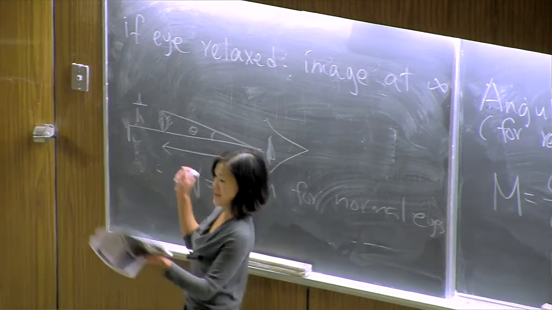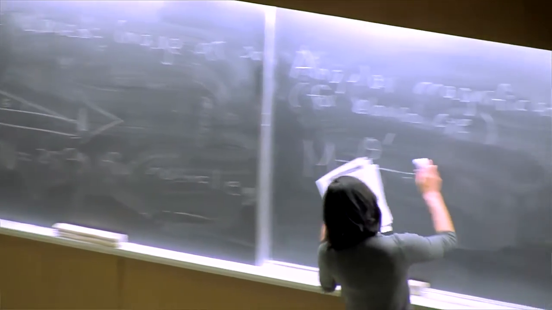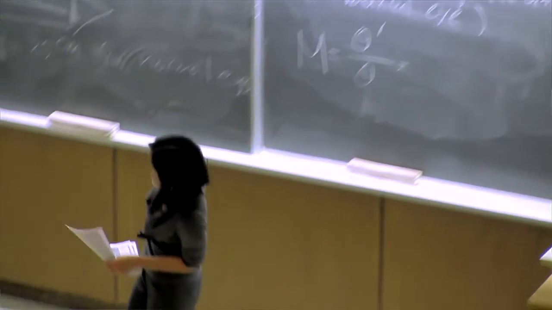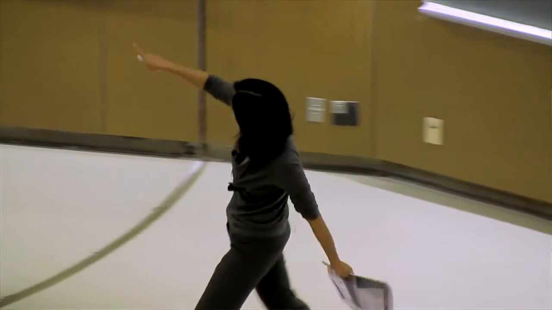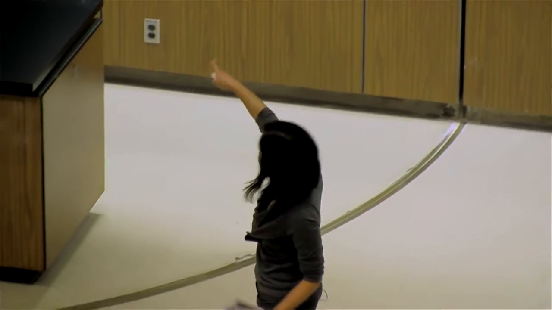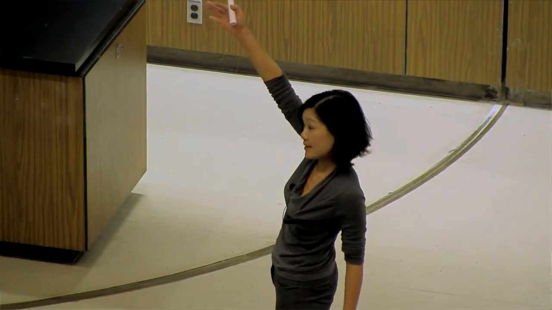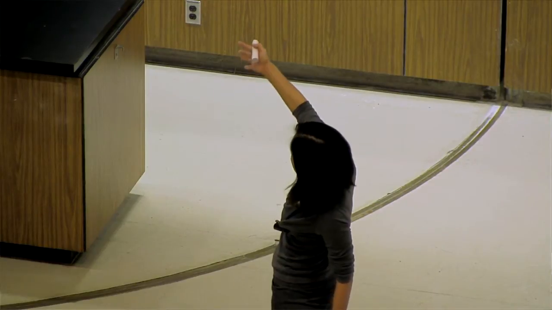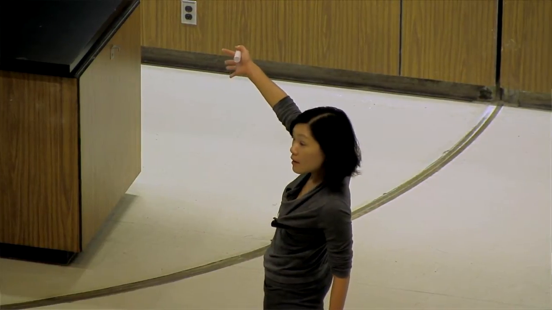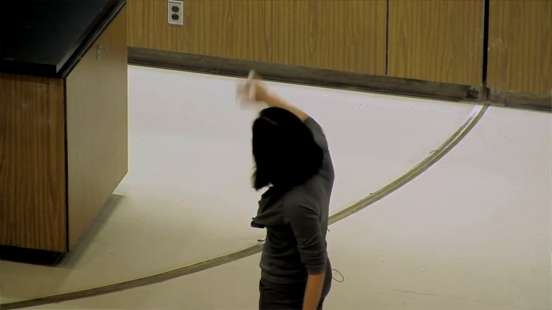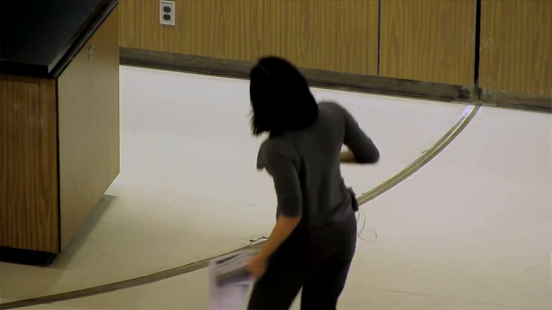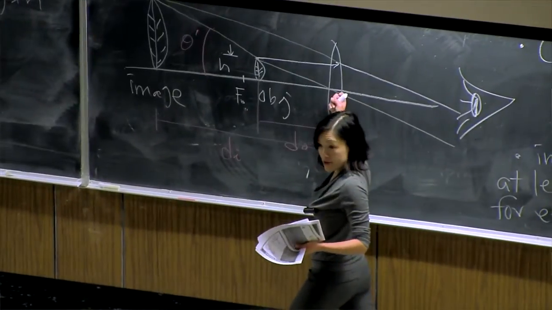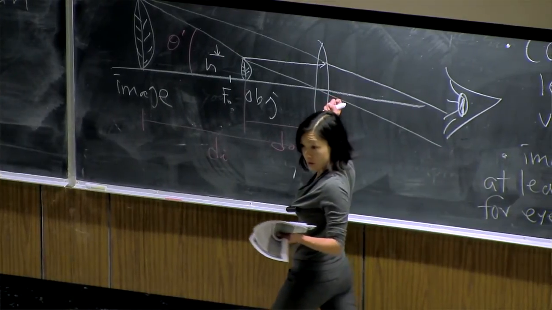Correct? Good. All right, so what is theta prime? For relaxed eyes, the image should be formed at infinity. And the object would then be located at the focal point of the lens. So that tells us that theta prime is equal to h over d0, or h over f.